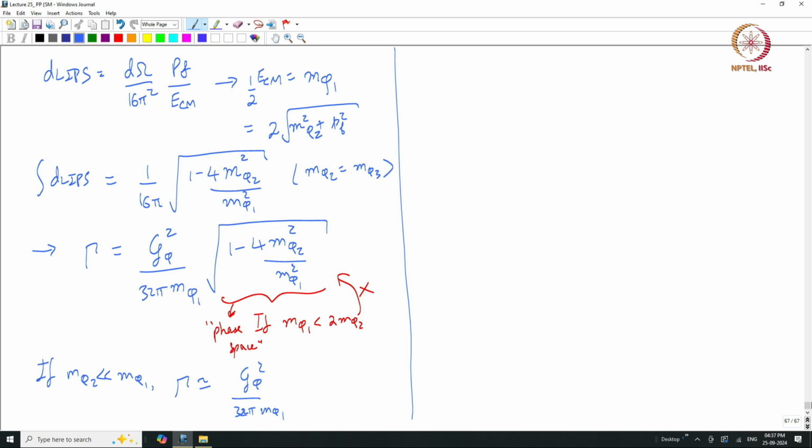Now, let us move on to an example that is a bit more complicated, all right, and that would be muon decay. Okay. So, what is the primary channel for muon decay?